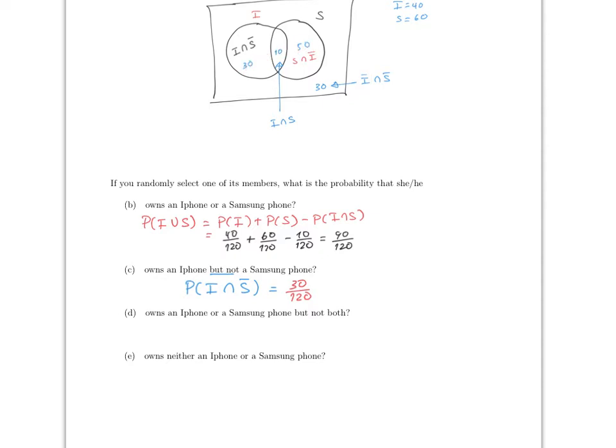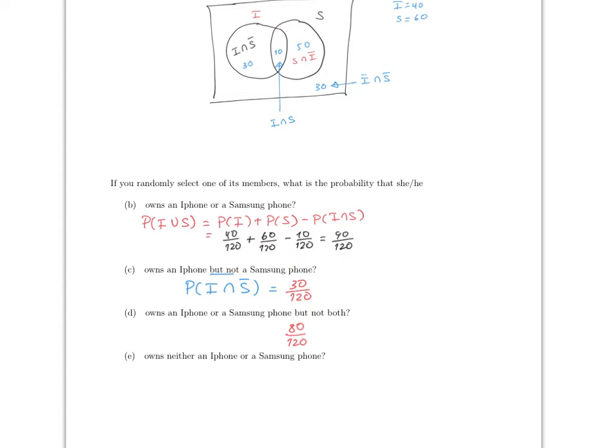But this one says either these people have only an iPhone or these only have a Samsung. So that's what it's asking you. How many have either this one or this one, but they don't have both? So the answer should be what? 80. So this should be 80 over 120. So this is why the diagram is so helpful.